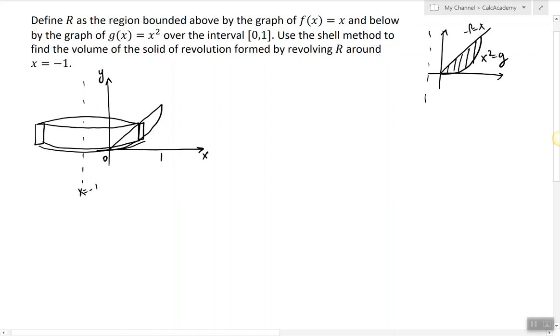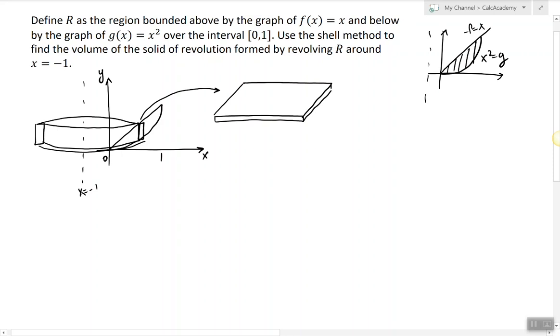So to set up an integral, we have to find the volume of each of these shells. Once we take this shell out and cut it open, it's going to look like a rectangular box.